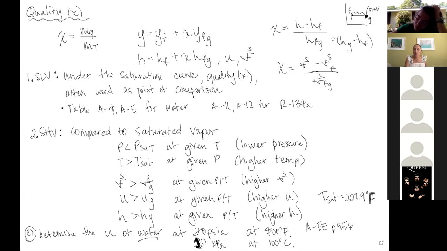So my temperature is much higher than my saturation temperature at this pressure, which means that I am a superheated vapor. So then I need to go to table A6E, which is on page 958.